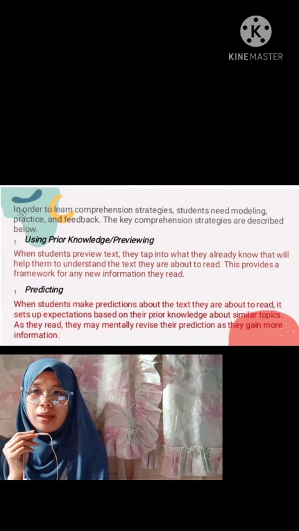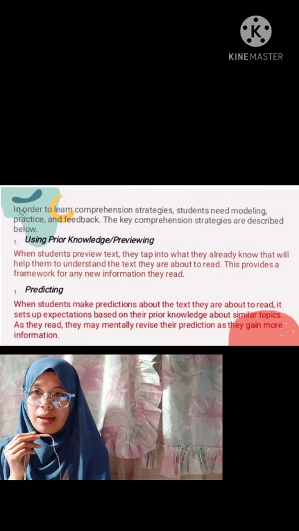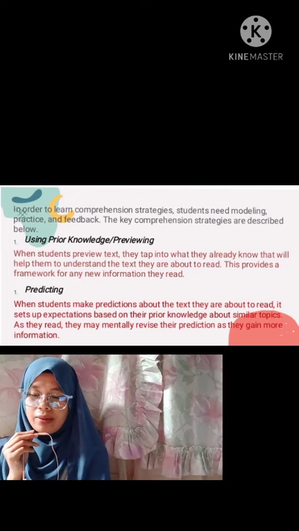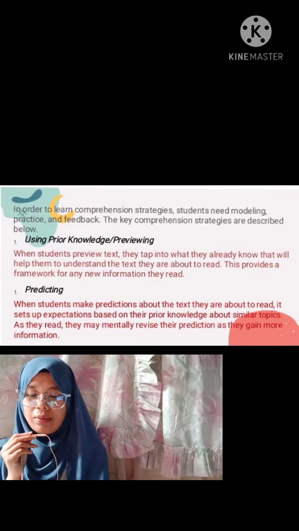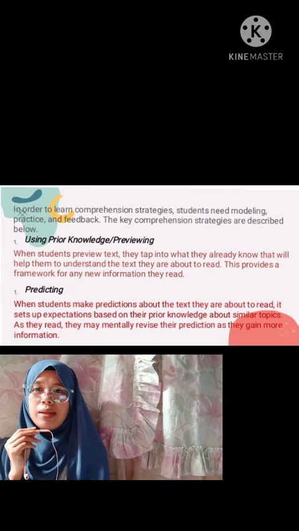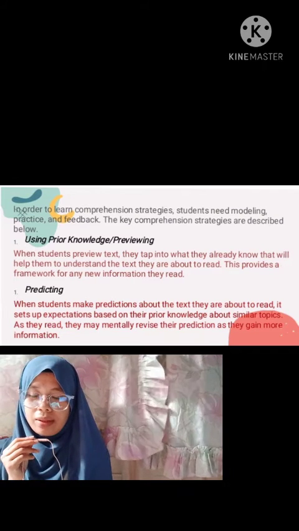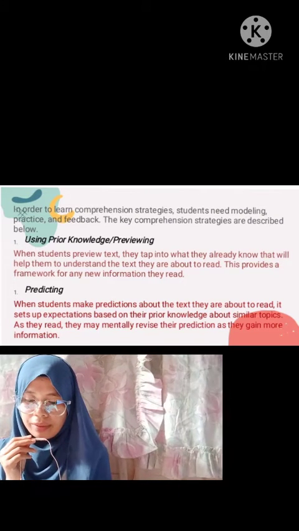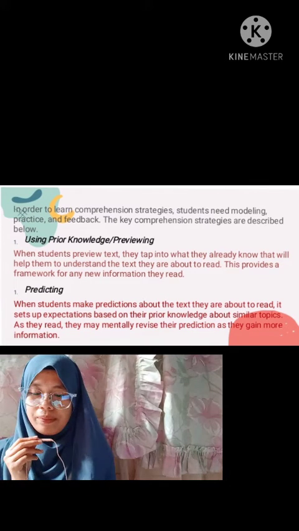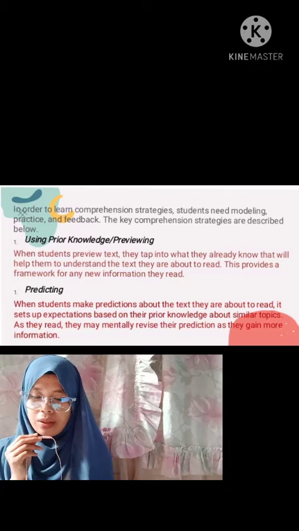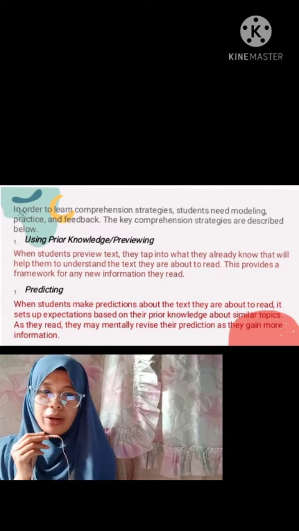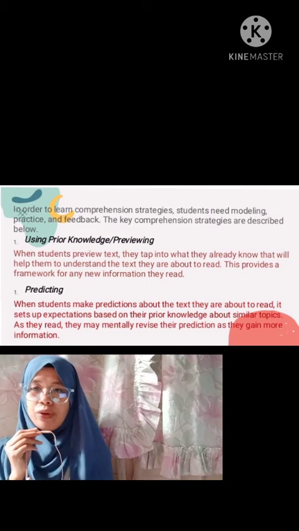So by recalling the novel that I read, the Noli Me Tangere and El Filibusterismo, it is easy for me to understand the lesson in the subject the life and work of Rizal, which is an example of a prior knowledge or previewing.